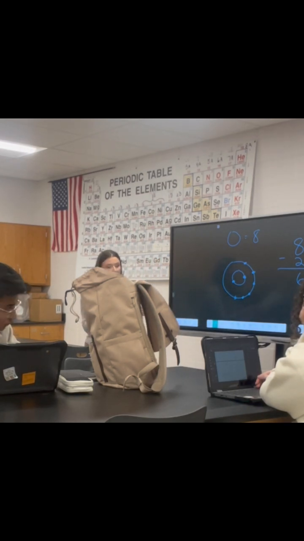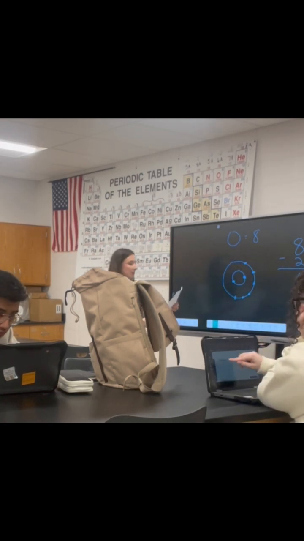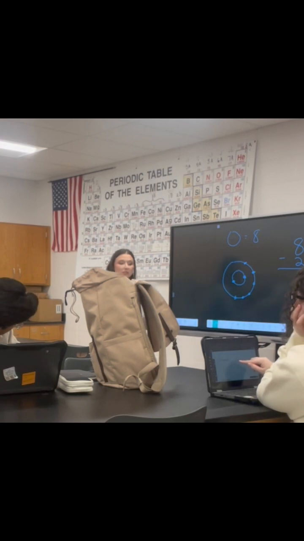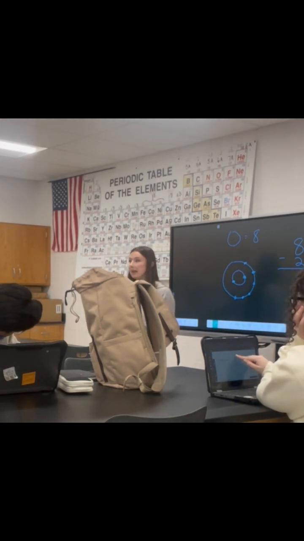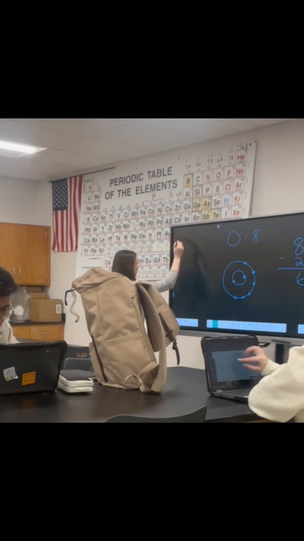Now, let's go to number 21, guys. Electron dot diagrams, or Lewis structures. What we have to do for the Lewis structure is draw the valence electrons, which are these outside electrons, around the name of the element. So, up here, I'm going to put number 20, or 21, sorry.